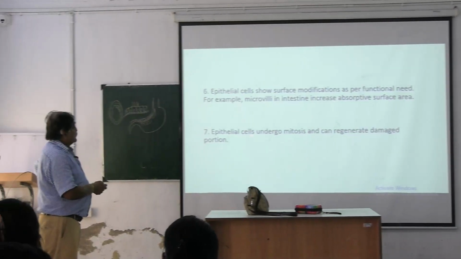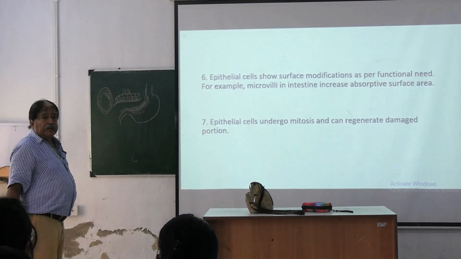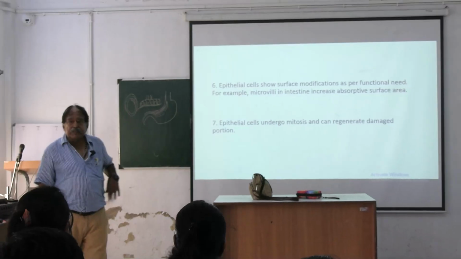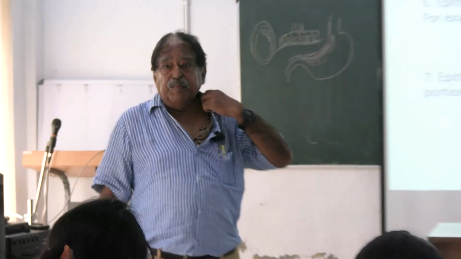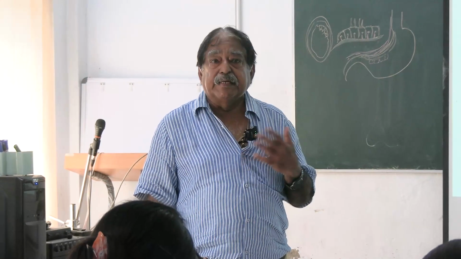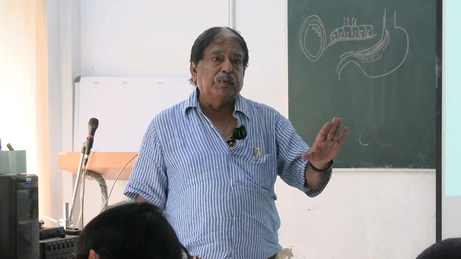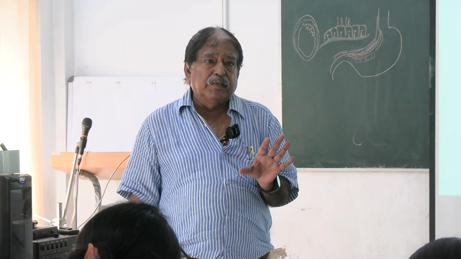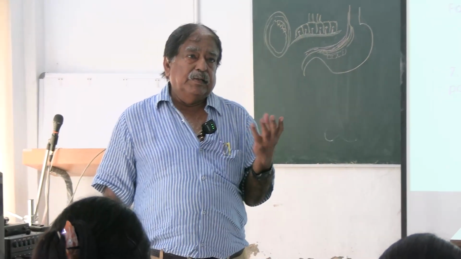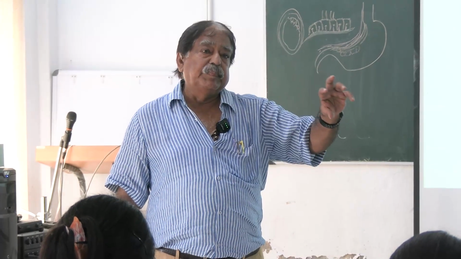See, epithelial cells undergo mitosis and can regenerate the damaged portion. That's what I told you. Now see, the party you went to, the next 7 days you have burning sensation and belching, irritability. What do we recommend? You recommend a bland diet, all boiled, and some antacids and PPI.